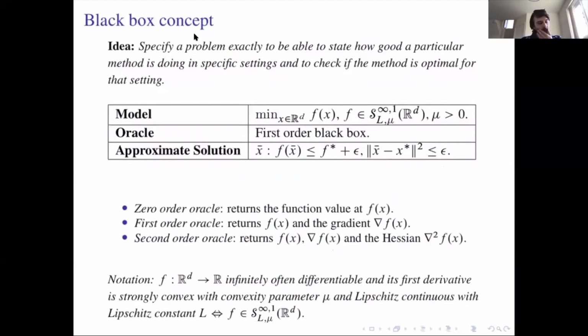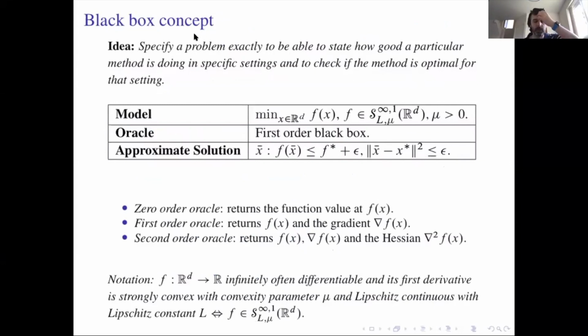Now I wanted to talk a bit more about the performance of methods. Generally, you're obviously interested in finding these optima numerically, and you're interested in how good a method like the gradient descent or gradient method performs, also in comparison to other methods.